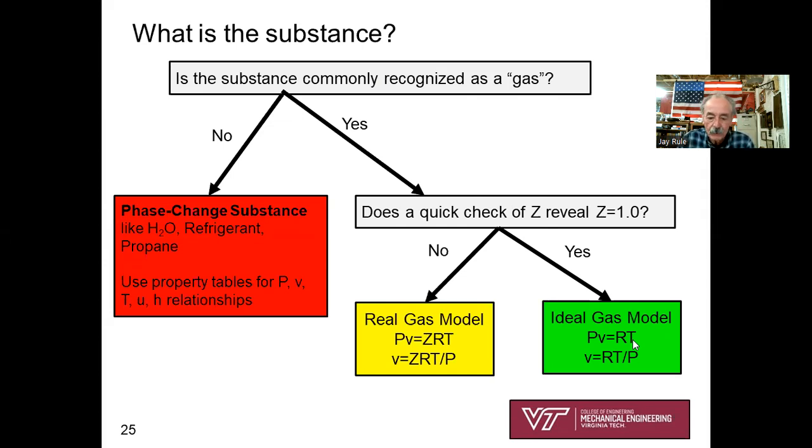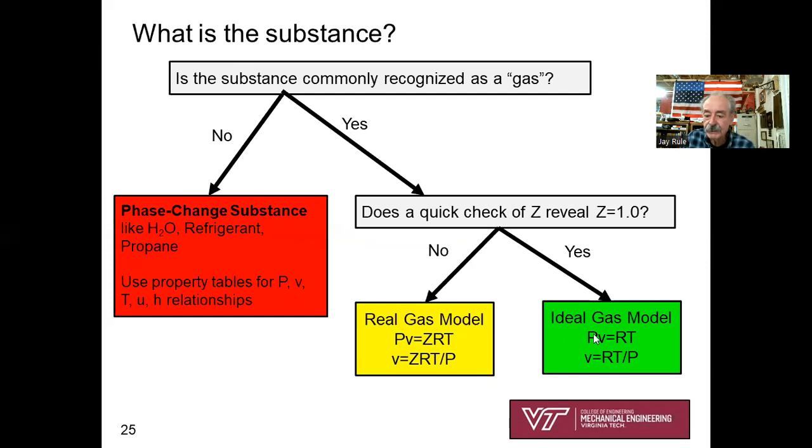Okay. If Z was not 1.0, then at least you have the equation of state PV equals P times little v equals ZRT, or v is equal to ZRT over P. So that's where you would end your problem-solving capability for this class for non-ideal gases, or what we would call real gases.